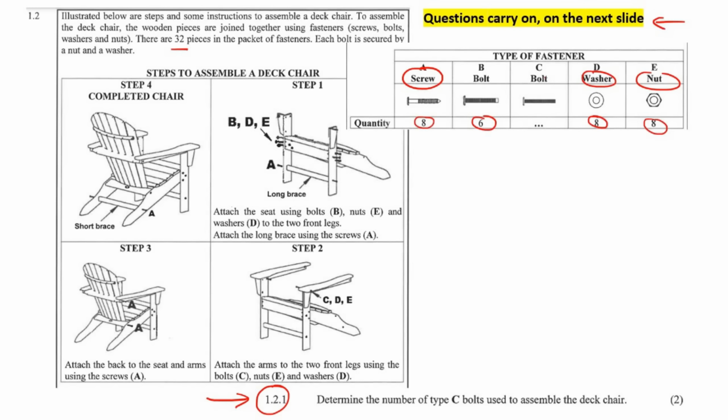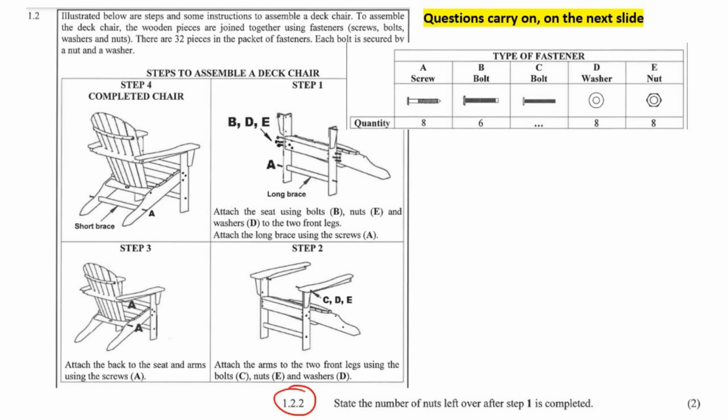So let's quickly add those together. 8 plus 6 plus 8 plus 8, and that gives us 30. But we are supposed to have 32 pieces in this packet because they told us that over here. So if there are 32 pieces, then the number of type C bolts would have to be 2, right? Because 32 take away 30 is 2.